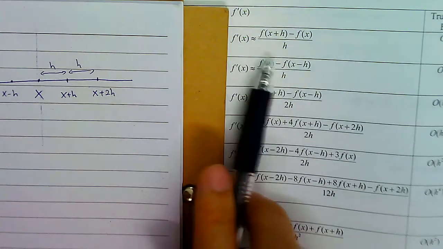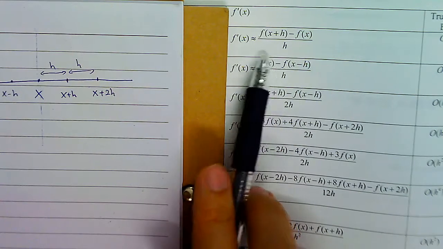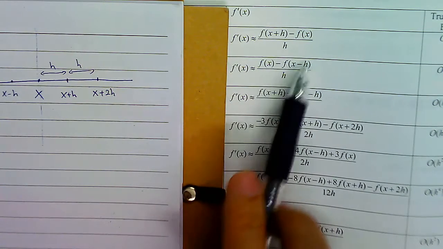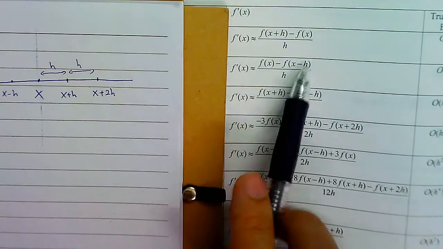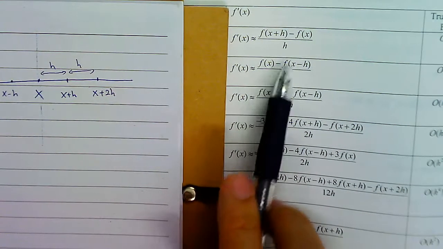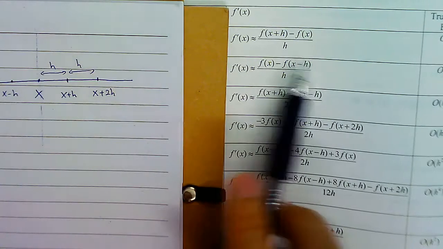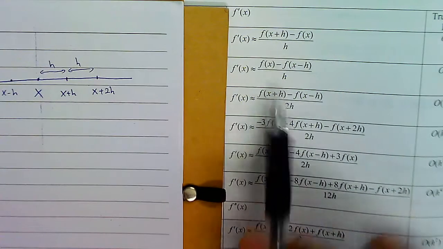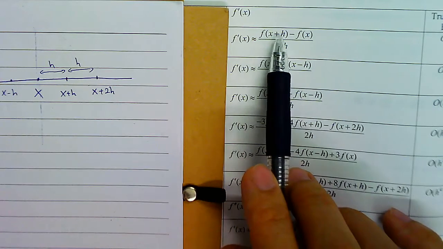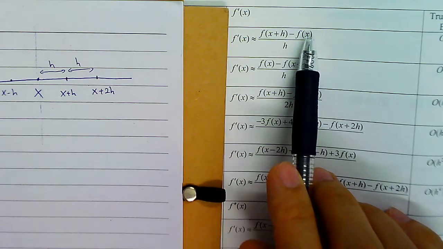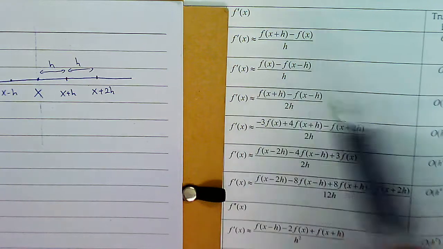Of course, you use the bigger value minus the smaller. The s should be bigger than s minus h, so that's why it's f(s) minus f(s minus h). And for the forward, you use f(s plus h) minus f(s).